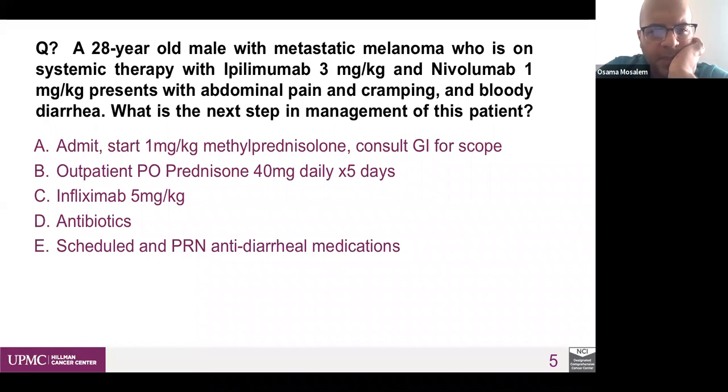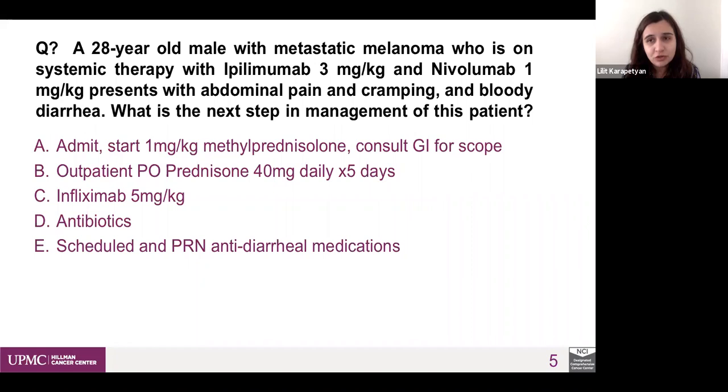Yeah, I think I will go with A. We were just talking about steroids. These patients will need high dose steroids and consult for an organ specialist. Absolutely, you're correct. This question highlights that you realize that ipilimumab is immunotherapy, that you need high dose steroid rather than a COPD-type prednisone of 40, and that you need a diagnostic workup.